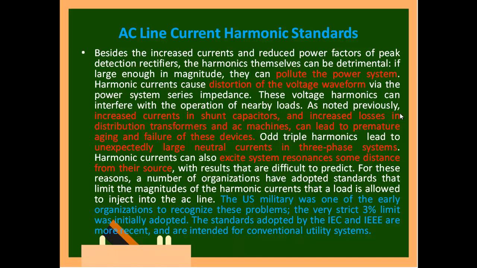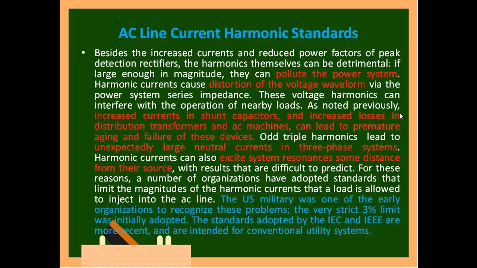So this is just a recap of what we have seen. What I have marked in red line is what we have seen in the previous slides. The harmonic current can also excite the system response at a distance from its source.